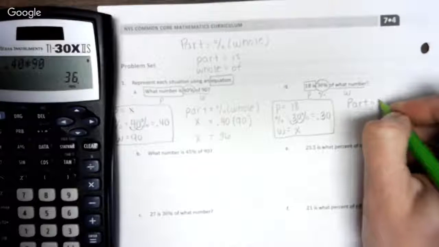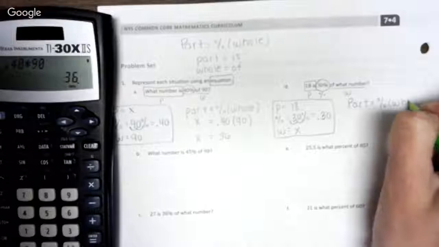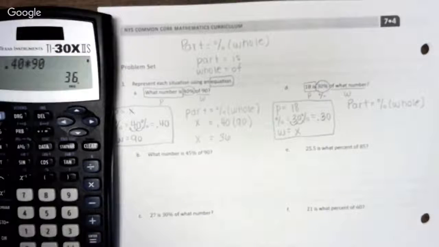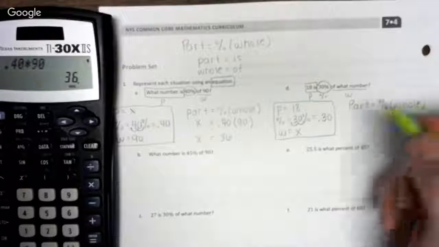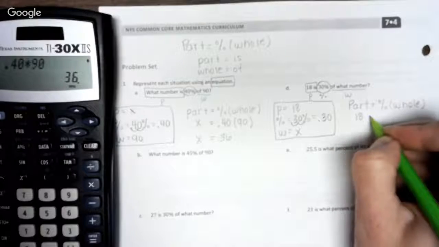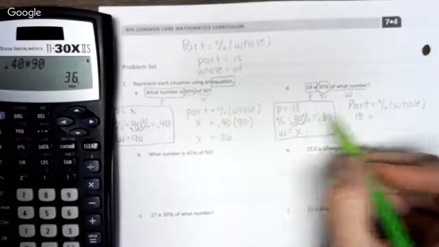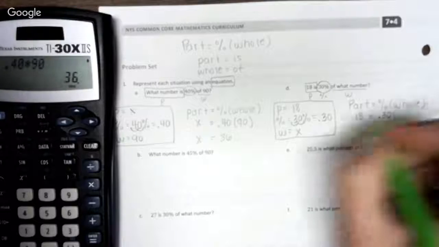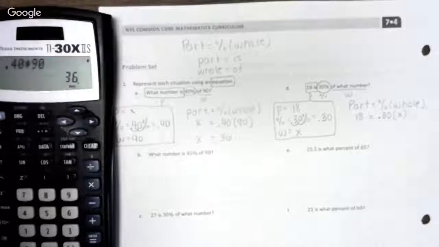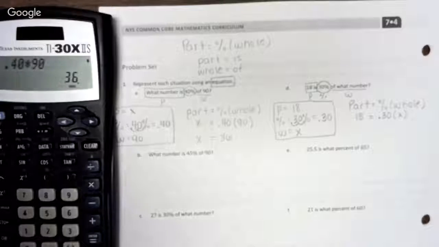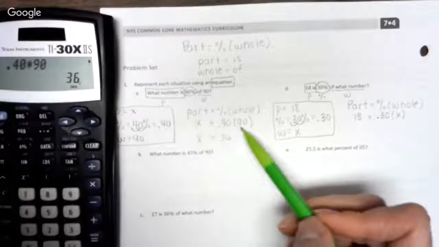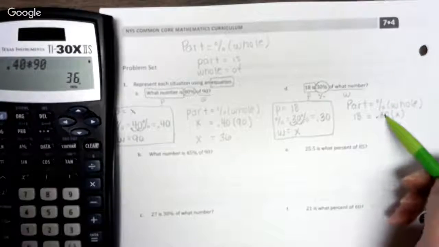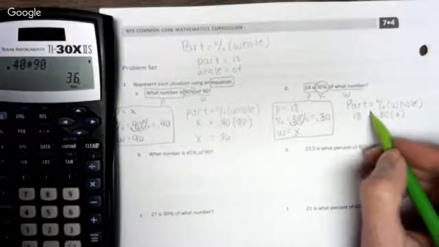Start with the equation, part equals percent times whole. The part is 18. I'm just looking at my cheat sheet. My percentage is 0.30. My whole is my X. Now, this is slightly different because you don't have a number next to a number like you did in part A. You have numbers on opposite sides of the equal sign, but we know how to solve this.